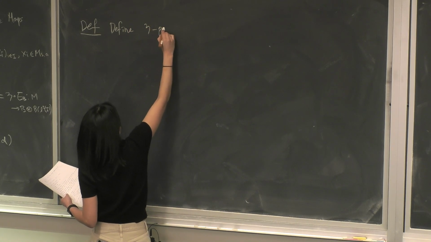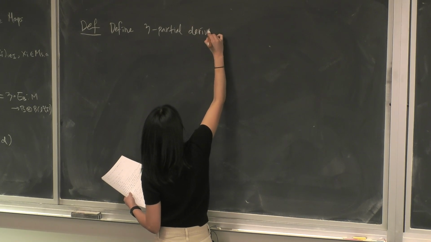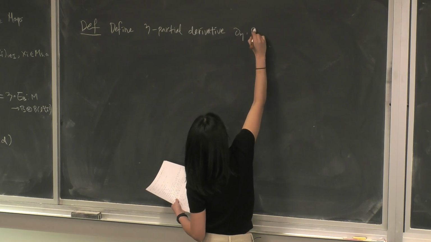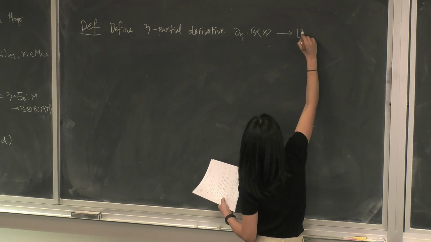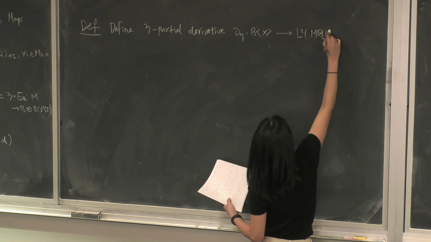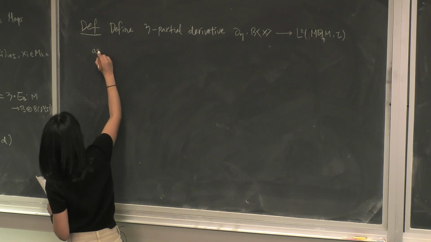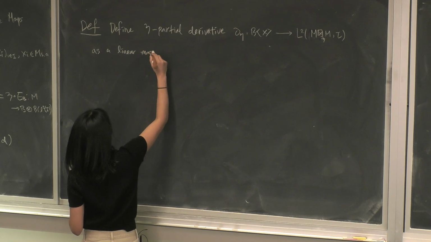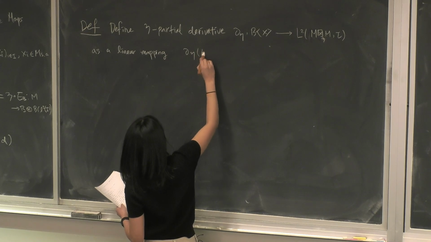Define the eta partial derivative, partial eta from B adjoint X to L2 of M tensor M, as a linear mapping that satisfies the following.